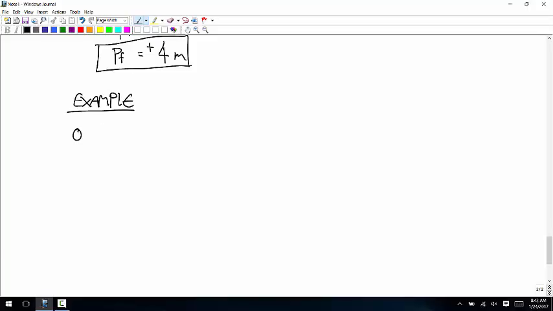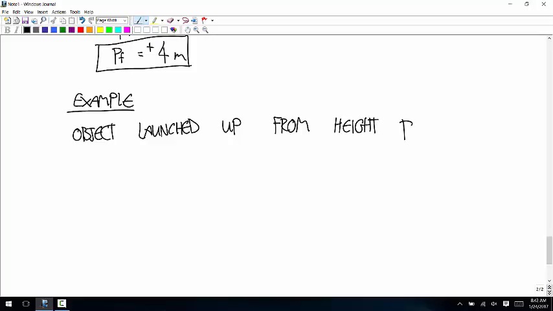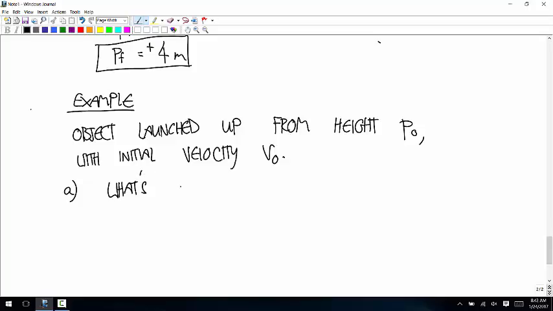So let's say an object is launched into the air from a height of p sub 0 with an initial velocity of v sub 0. And we want to know what's its maximum height.